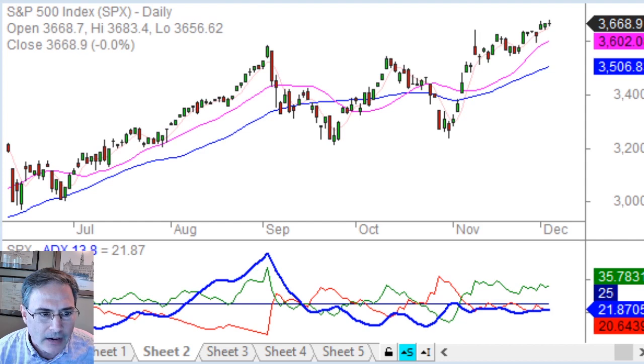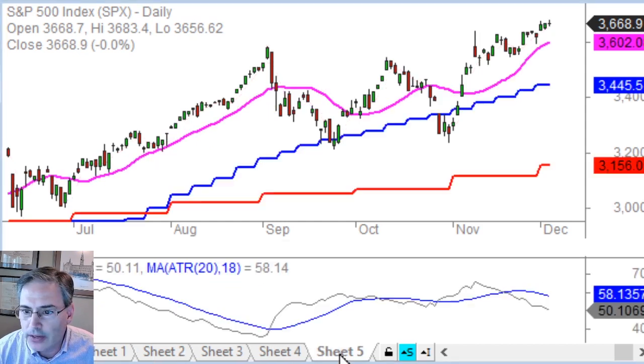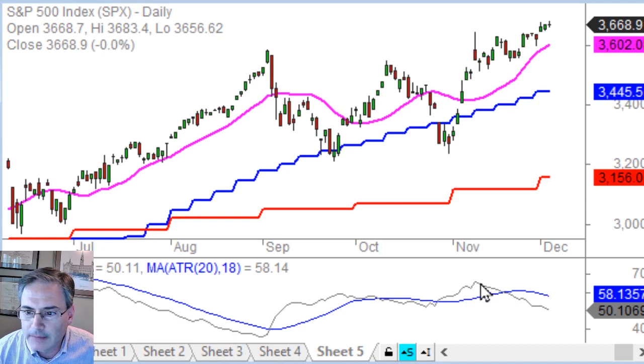I do want to take a quick look back at the S&P. We're going to go to the daily chart first and show a quick look at the ATR declining here, and now the moving average is declining. So we're showing volatility decreasing right now on the S&P. That's a good sign.